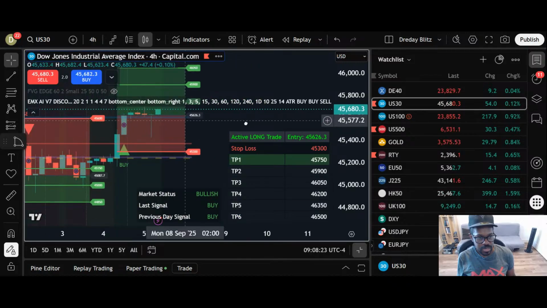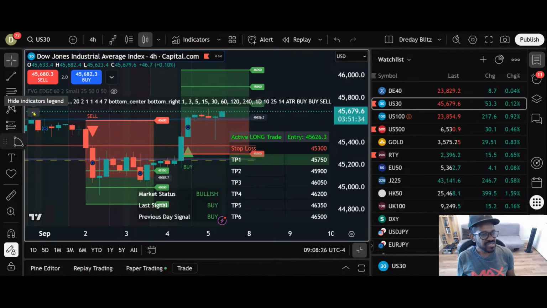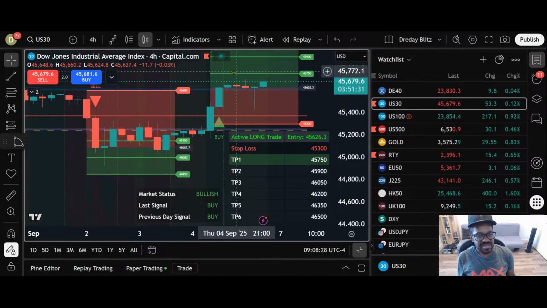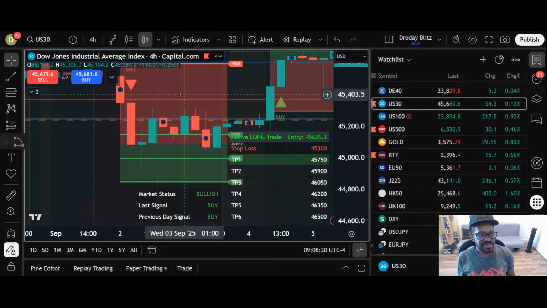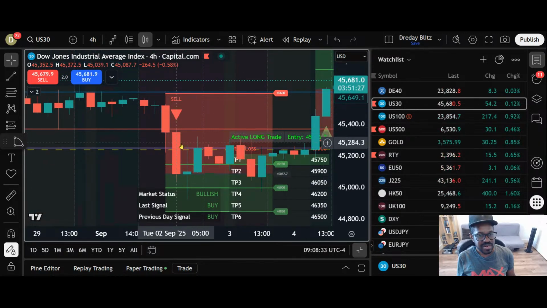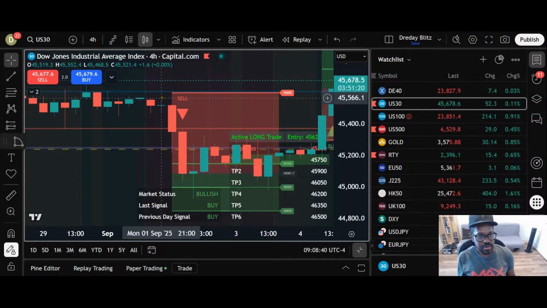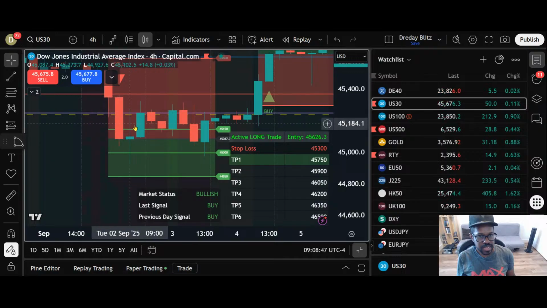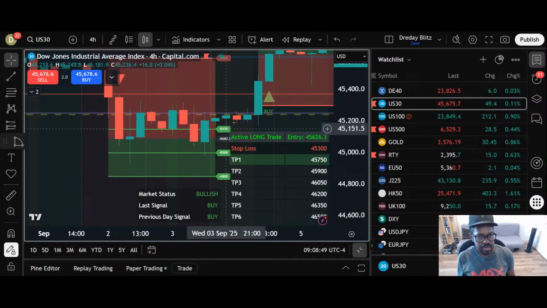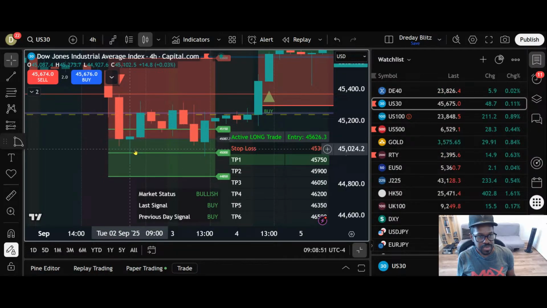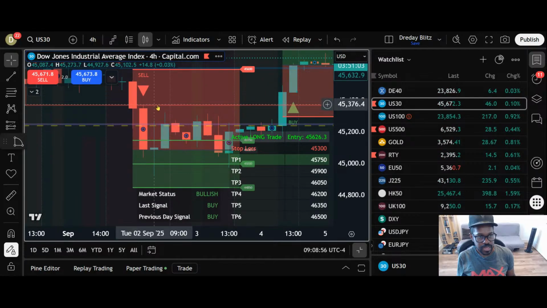So for example, here, you had that sell, all right? Is it better to get in on that sell at the close of that candle or at the top here? So for 12 hours, you should be in that sell and it gave you that sell at the end and then it consolidated. So yes, you may have gone to TP1, but most of the move was already done.